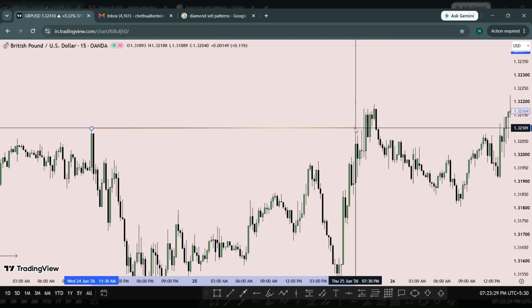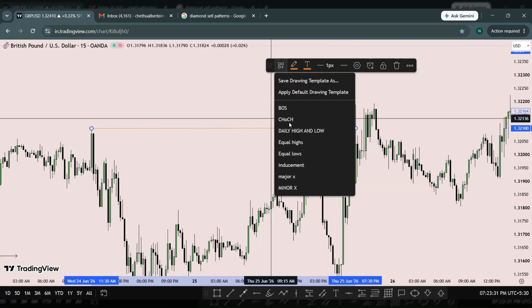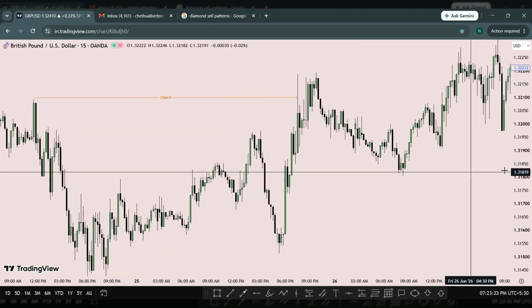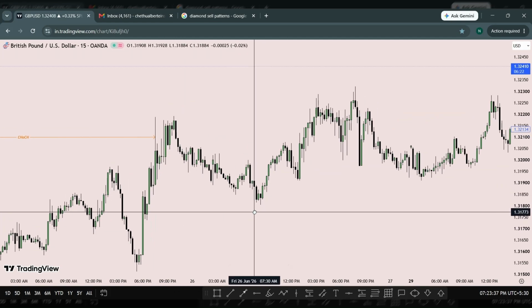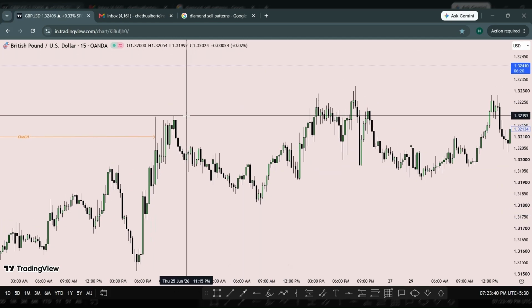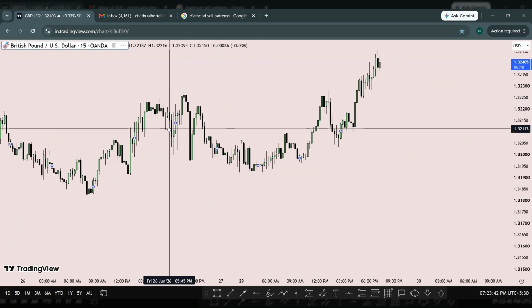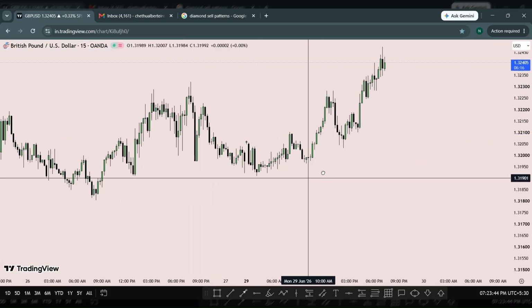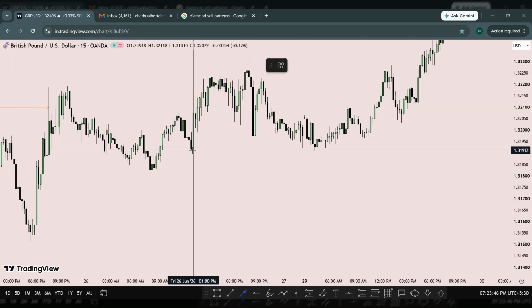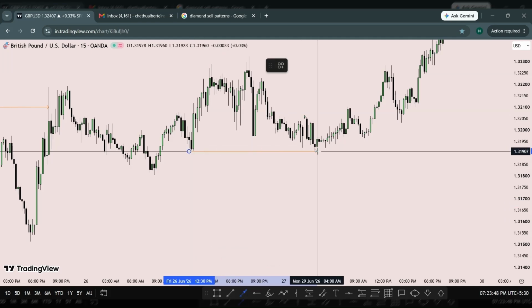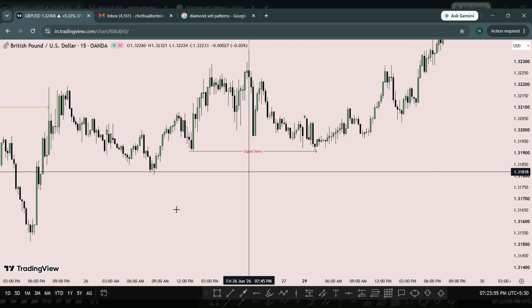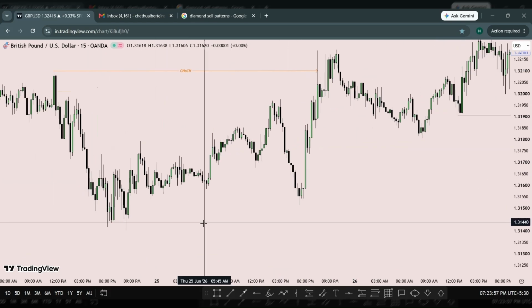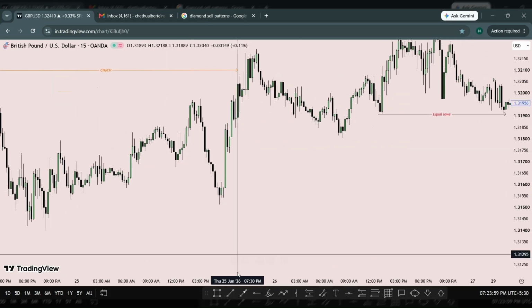And again, the market breaks this structure here, breaks this structure here. And as you can see, these all are liquidity. The price is creating noise here. Equal lows. These all are liquidity. And I think if price taps here, this fair value gap.